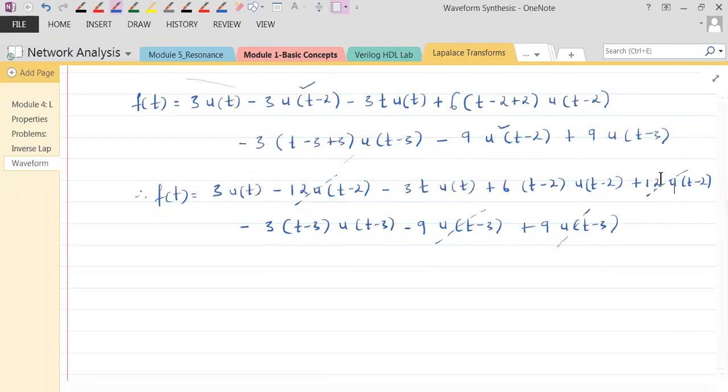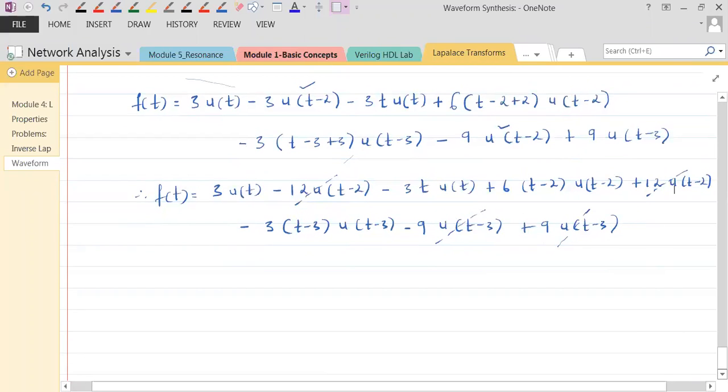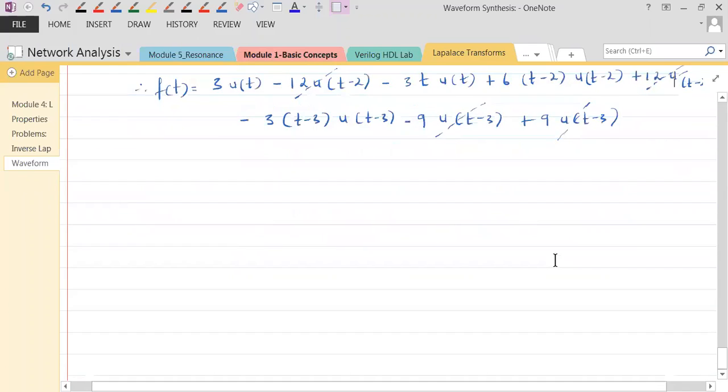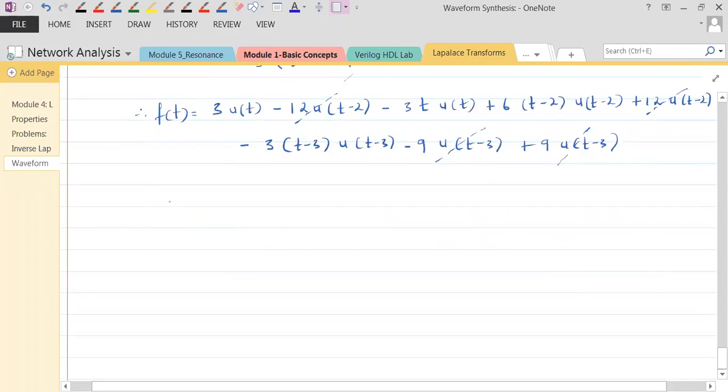So finally what you have as your f of t. So this is a cumbersome procedure, but something that everybody can do if you practice. It's 3 into u of t minus 3t u of t plus 6t minus 2 u of t minus 2.